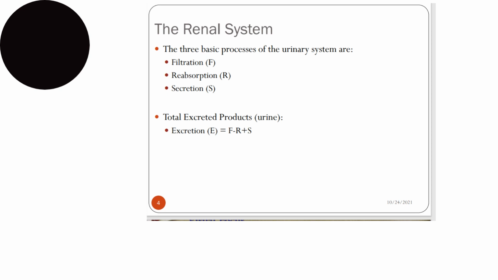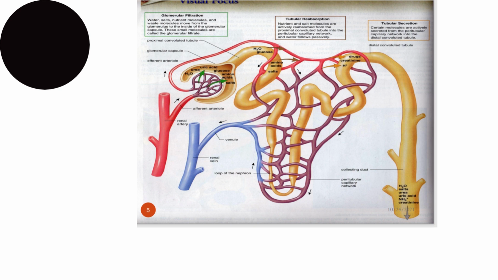So kalau kita nak simpulkan jumlah total excreted product ataupun jumlah bahan buangan, dia punya equation adalah E equals F, filtration, minus reabsorption, and then plus secretion. Bermaksud itu adalah kandungan total air kencing kita lah. Okay, this diagram, the nephron, actually there are millions of nephrons in each kidney.